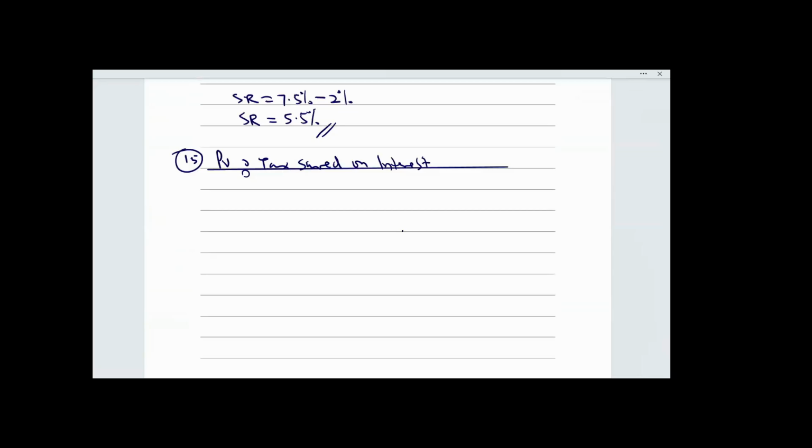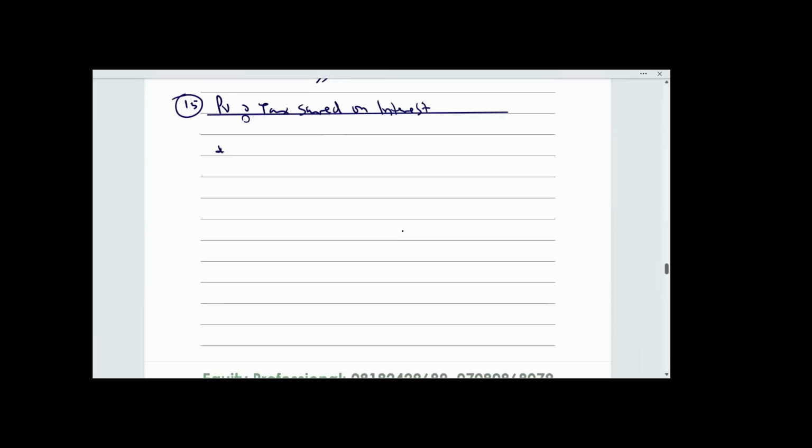To get the PV of tax saved on interest, I gave you 3 procedures. Step 1 is to accumulate all interest elements. Just say interest. We have 2 types of interest. First, interest on borrowing.